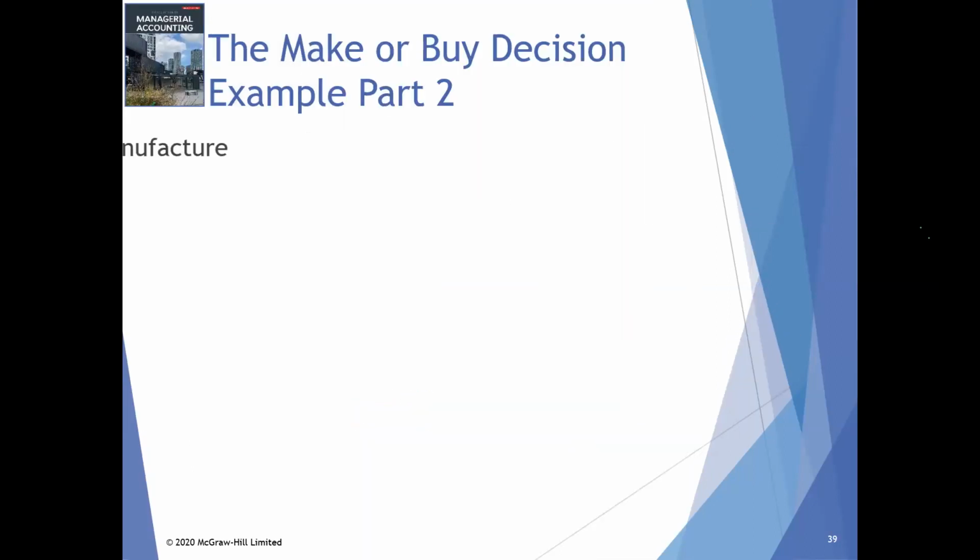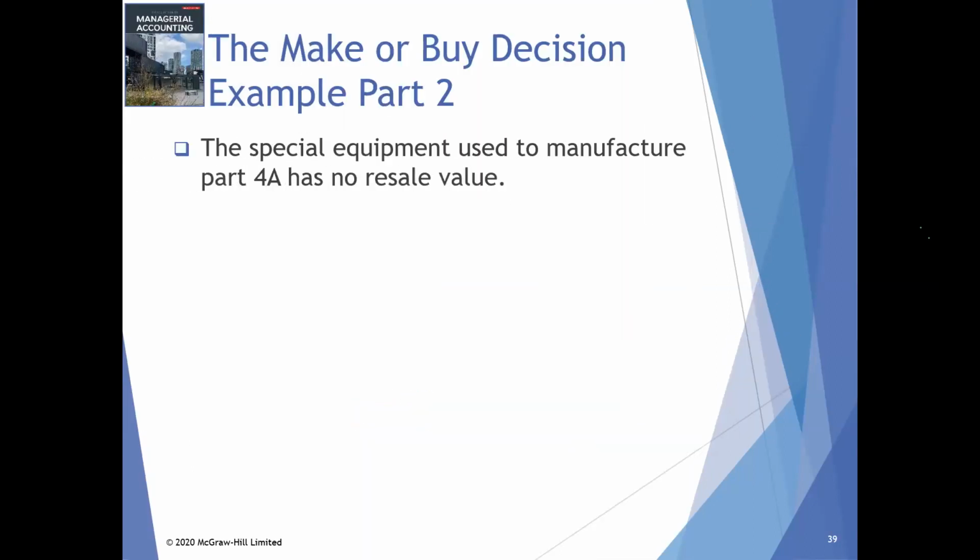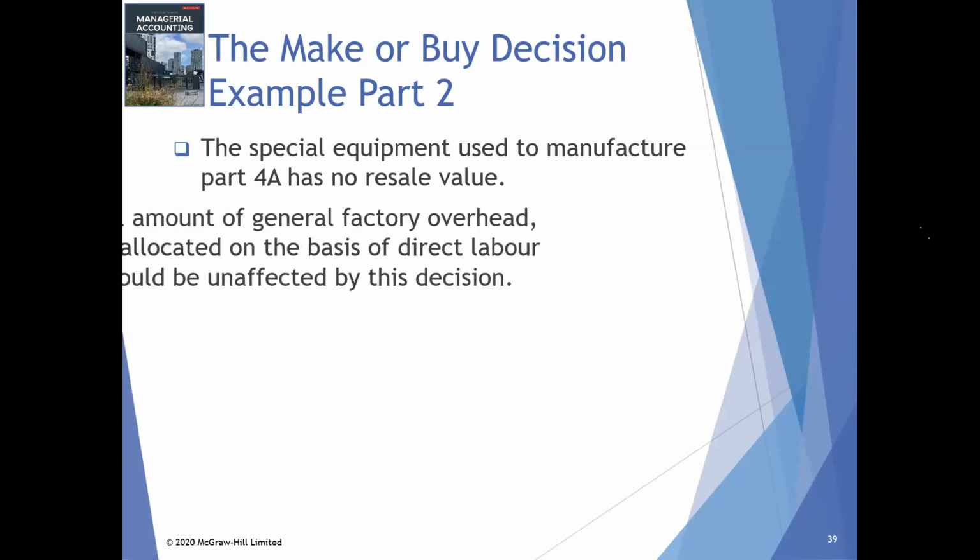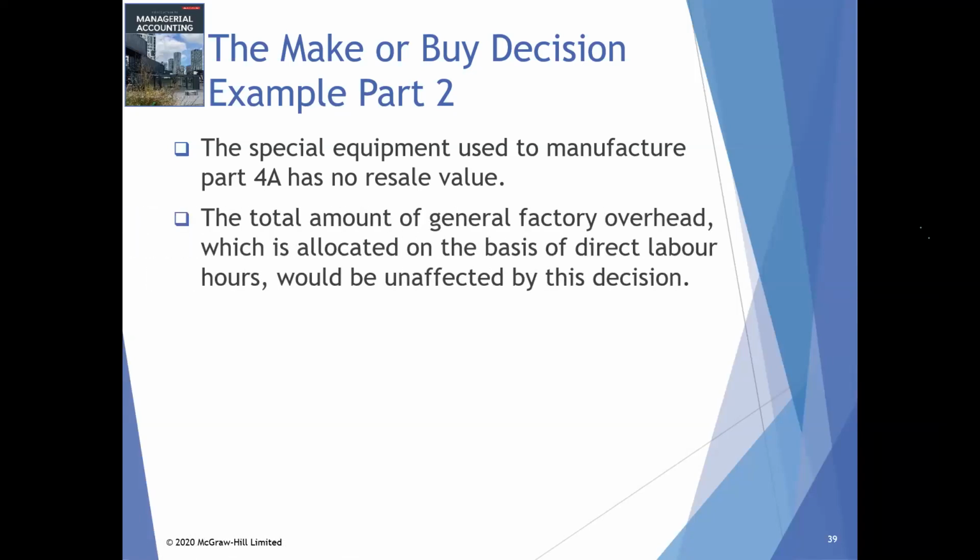Now, the special equipment used to manufacture part 4A has no resale value or residual value. This is the information given. The next information is that the total amount of general factory overhead, which is allocated on the basis of direct labor hours, would be unaffected by this decision. It means direct labor hours will remain the same, right?